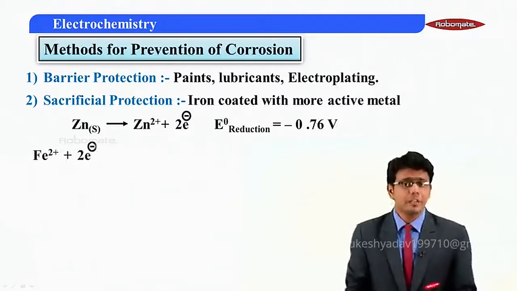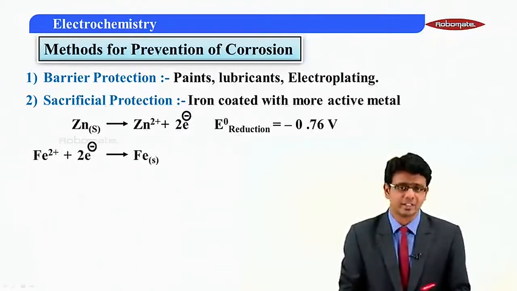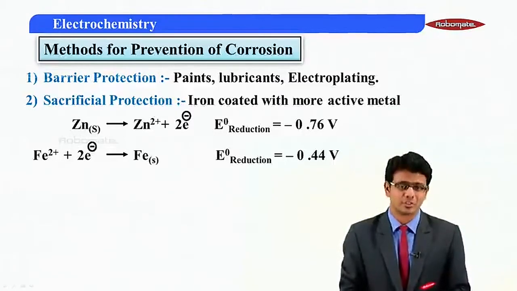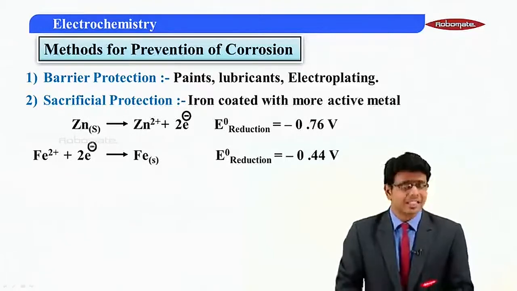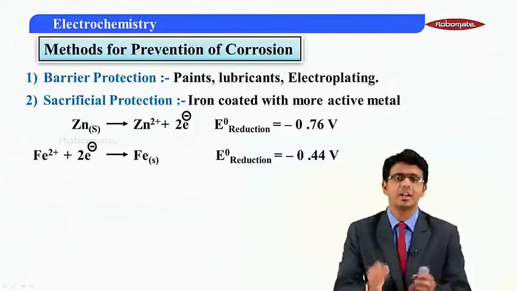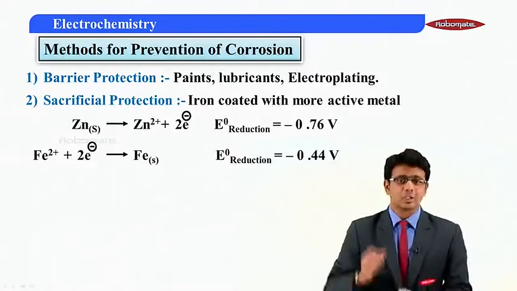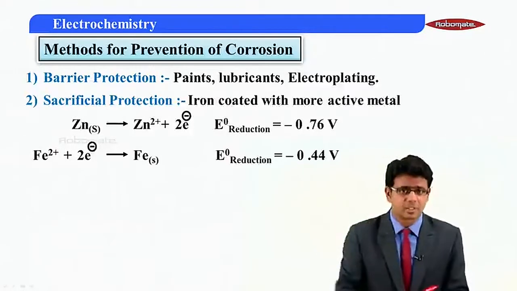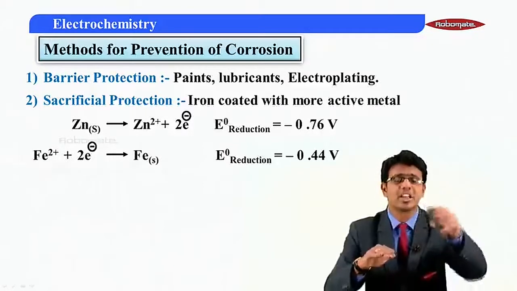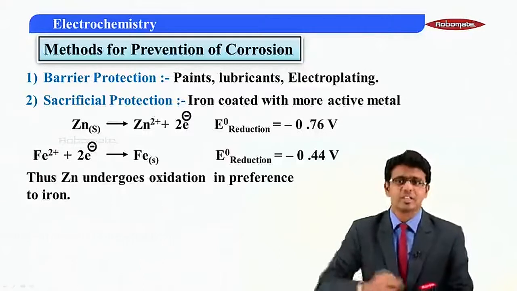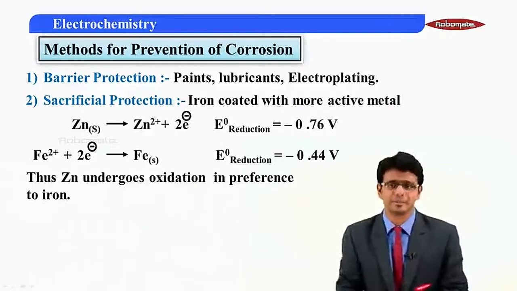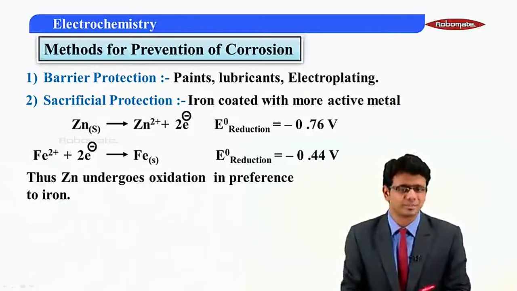However, for Fe2+ getting reduced to Fe, the E naught reduction value is minus 0.44 volts. Alright, so it is quite obvious that the oxidation potential of zinc is higher compared to Fe. So when the atmospheric gas comes and when the Fe and zinc are in direct contact, zinc will preferentially get oxidized. Alright, so zinc undergoes oxidation in preference to what? Iron. I hope that is clear to you all.